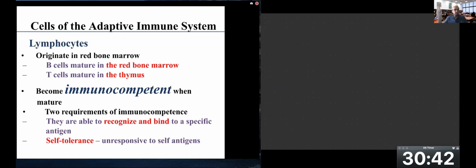Does anybody remember what cell is responsible for the production of the blood formed elements? Bone marrow, to be more specific, it's red bone marrow. But what was the name of the stem cell for all blood formed elements?